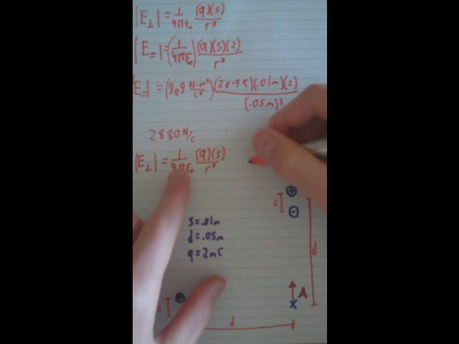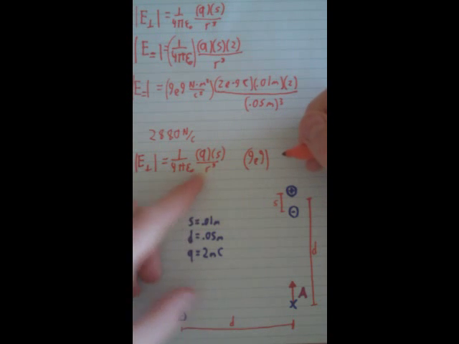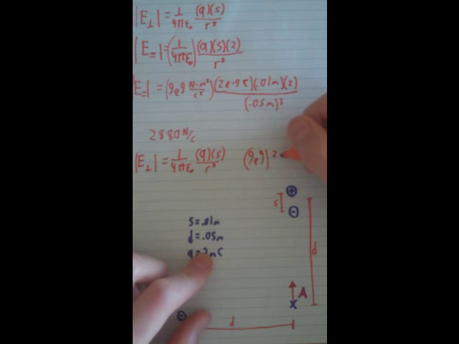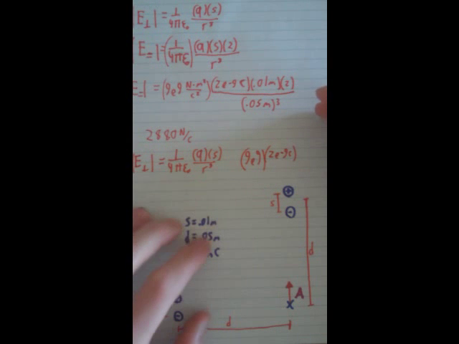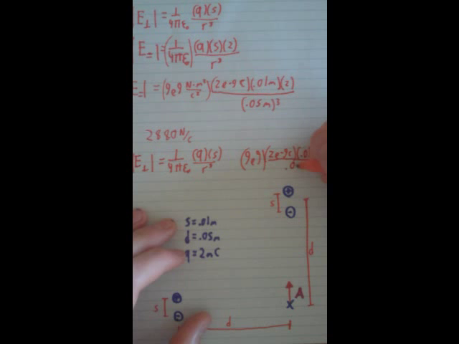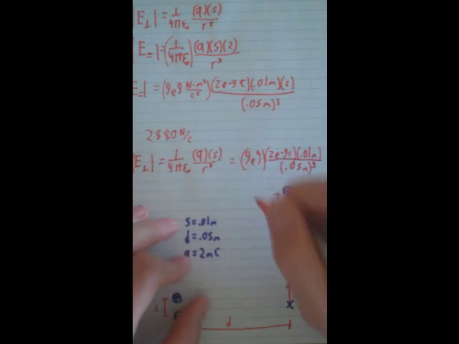Remember, this is the constant, 9e to the 9th, times q, which is 2e to the negative 9th coulombs, because we have to convert this to coulombs, times s, which is 0.01 meters, over 0.05 meters cubed.